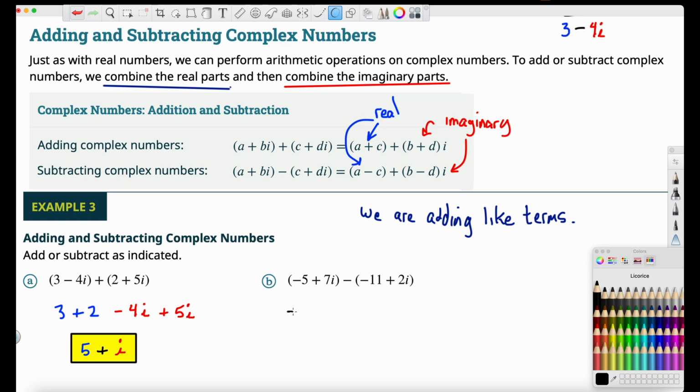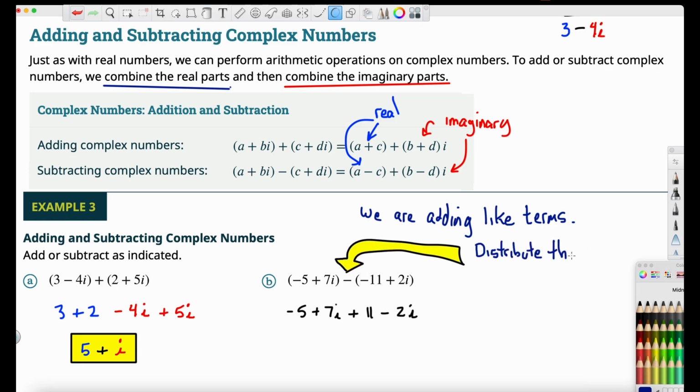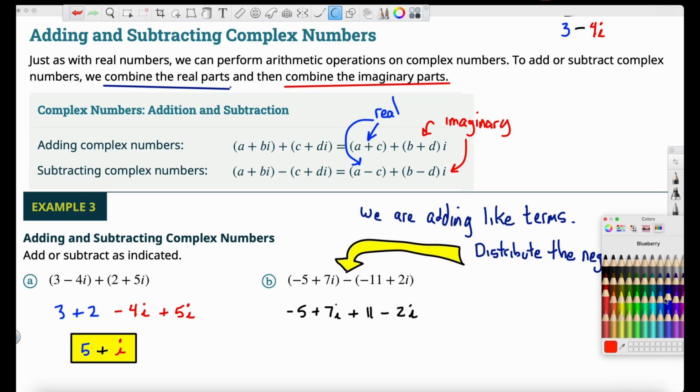We can do the same with b. The only thing we have to be careful about is that negative in front of the quantity. So we have to make sure here that we're distributing this negative. So that's just going to change the signs inside of that set of parentheses.